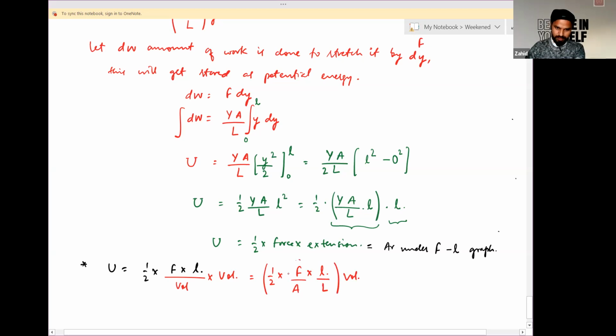This term is nothing but stress. This term is nothing but strain. So it will be half into stress into strain into volume equals potential energy stored.